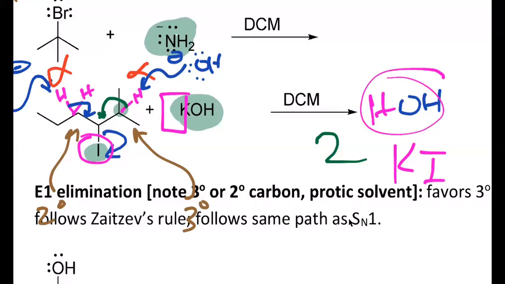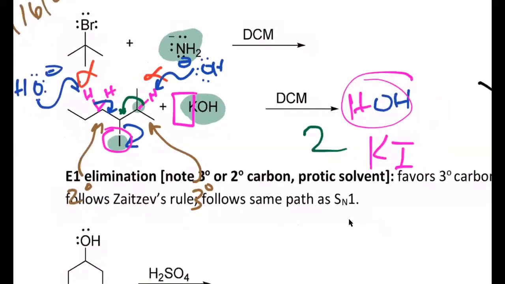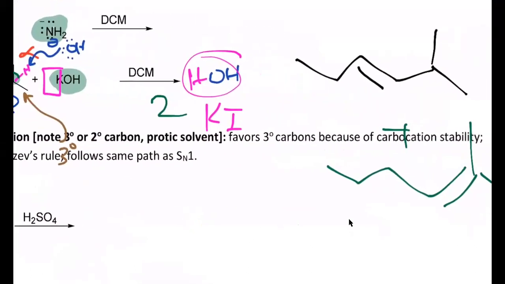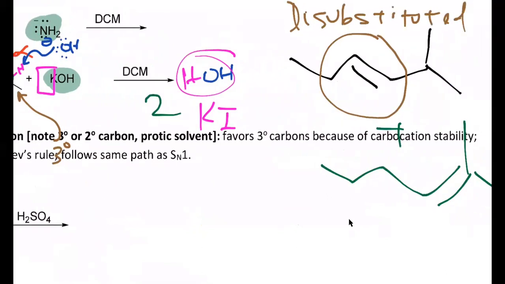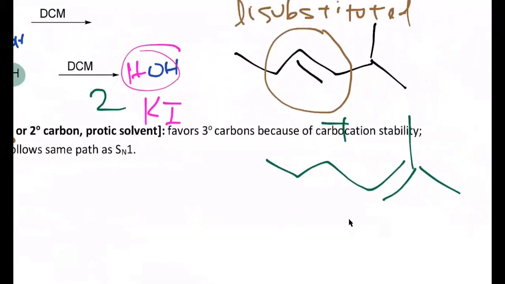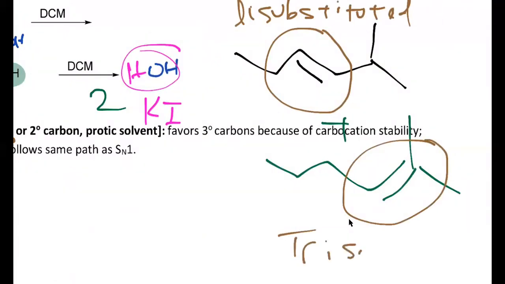What that means is that when I make my products, where that secondary carbon is, the alkene that I make here is going to be what we call disubstituted. Right? And on the tertiary carbon, the alkene that I make here is going to be what we call trisubstituted.